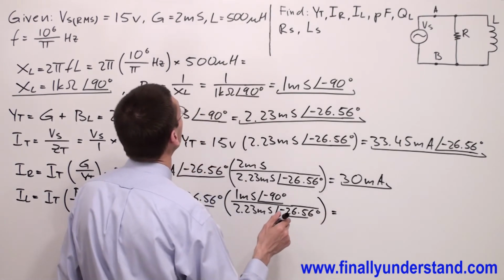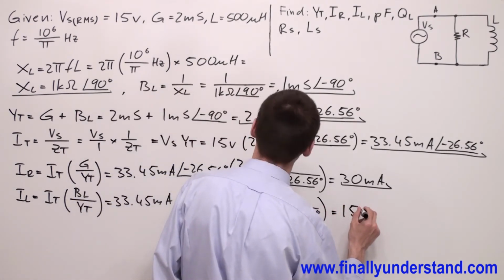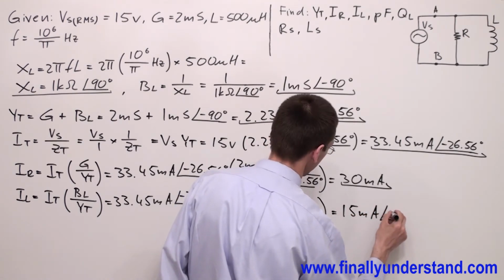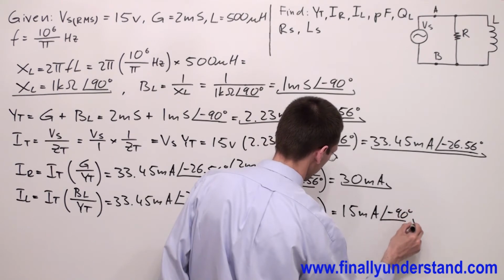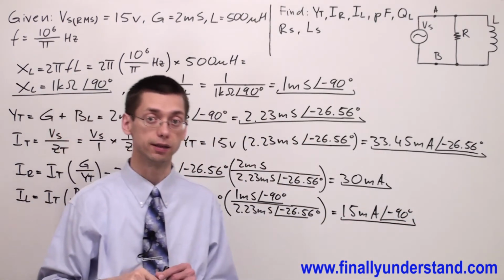Everything is equal to 15 milliamps and angle of negative 90 degrees. So this is the current which will go through the inductor.